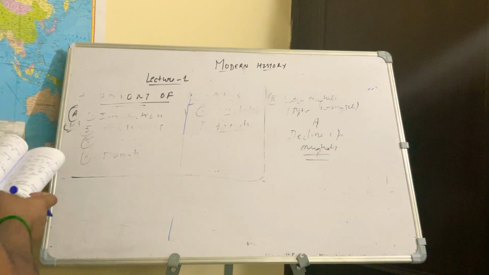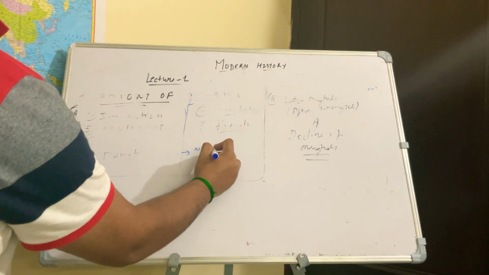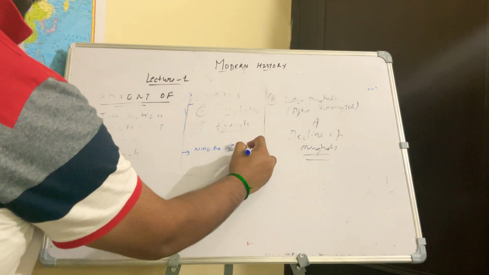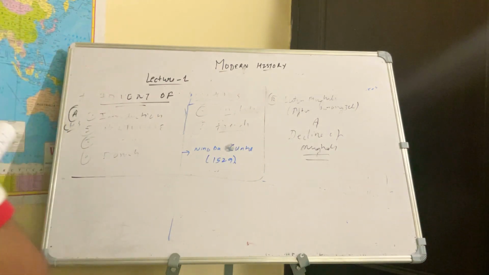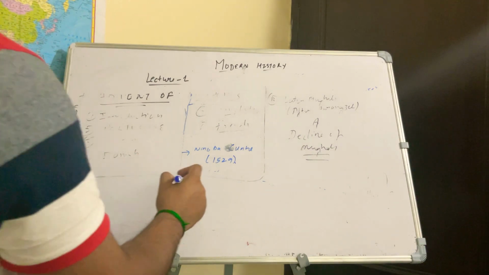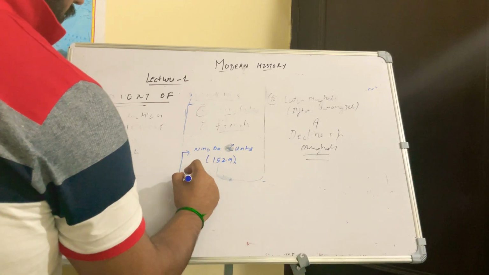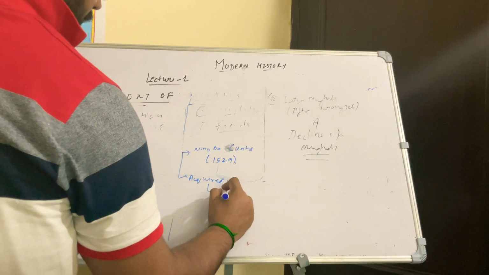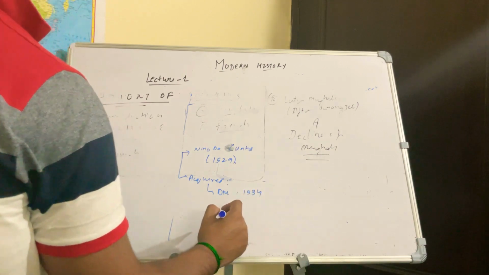After Albuquerque, we have another viceroy named Nino de Cunha, who came in 1529. During his tenure, Portuguese acquired Daman and Diu in 1534 and Bassein.